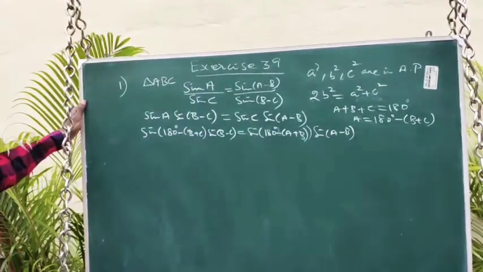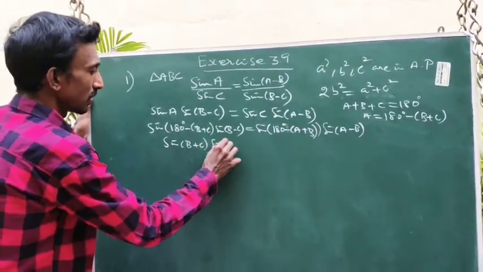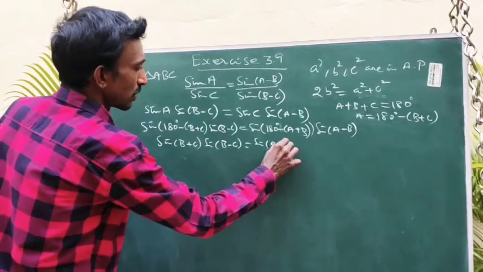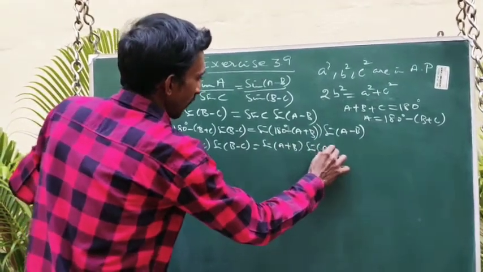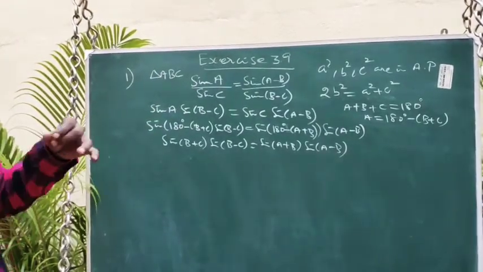Sin(180 minus theta) is sin theta. It becomes sin(B plus C) into sin(B minus C), and again sin(A plus B) into sin(A minus B). So my dear student, what is sin A sin B?